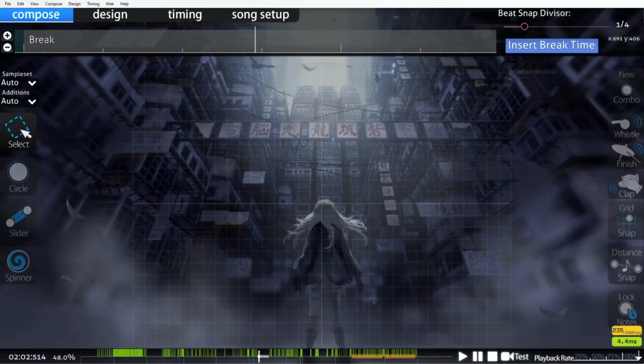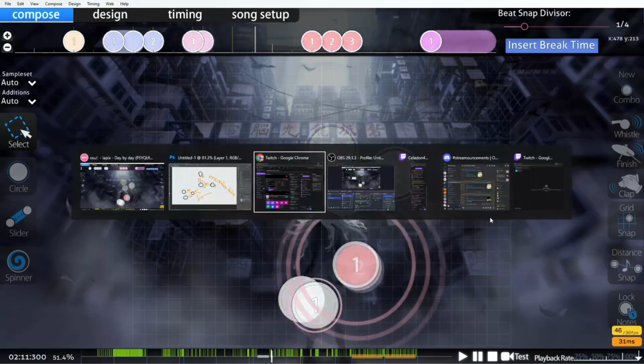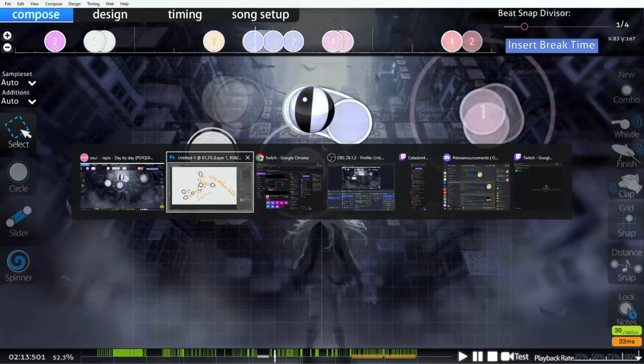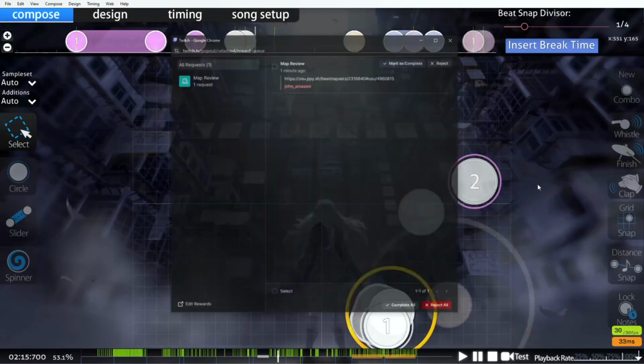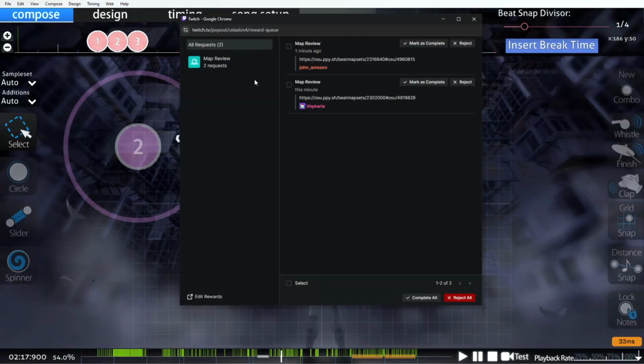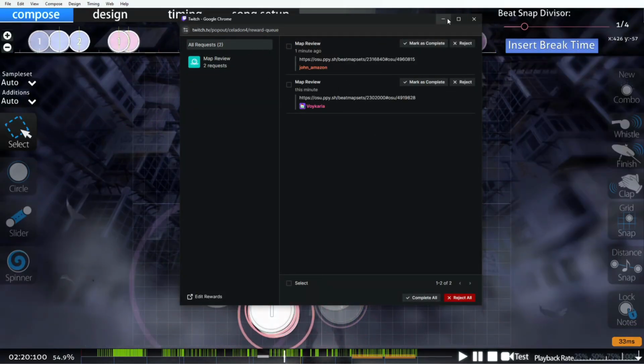Redeem is unavailable. That's not possible. It's open.